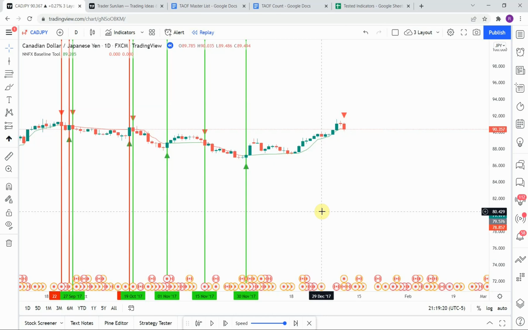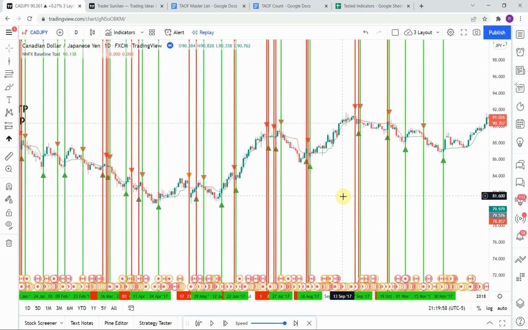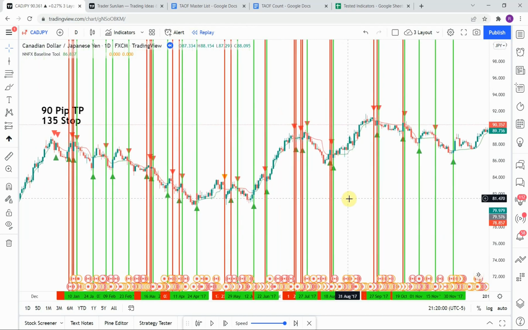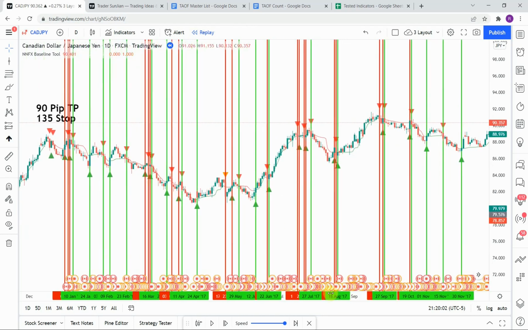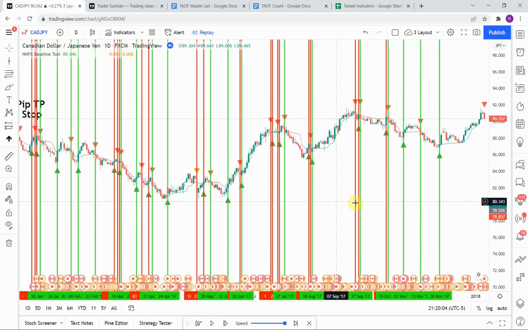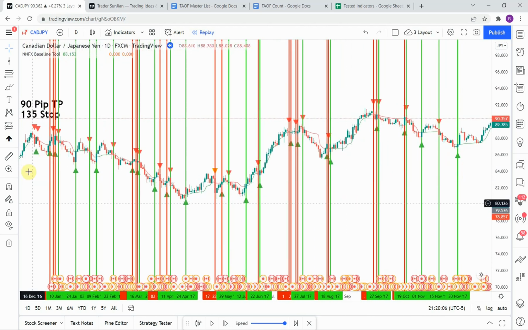Alright, so let's go ahead and take a look at our indicator here. It gives us quite a few signals in 1 year's time. Let's go ahead and count them out, see what we get out of it.